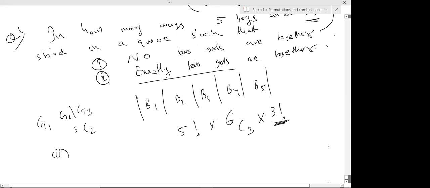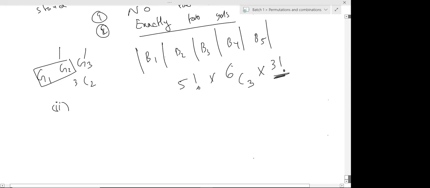Now suppose I created a bundle of these 2. So I have to choose this and this and need to keep them separate. I cannot keep them together. So again, I have to arrange 5 boys. So first step was to choose the bundle 3C2, arranging the 5 boys 5 factorial.